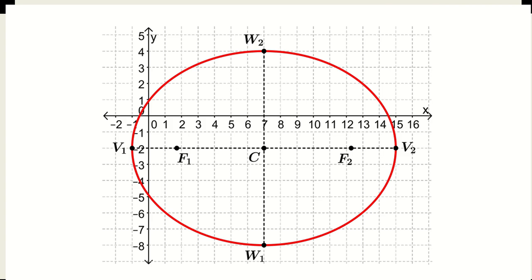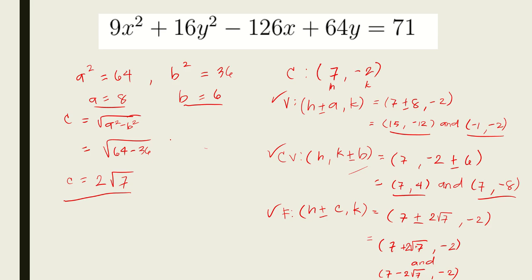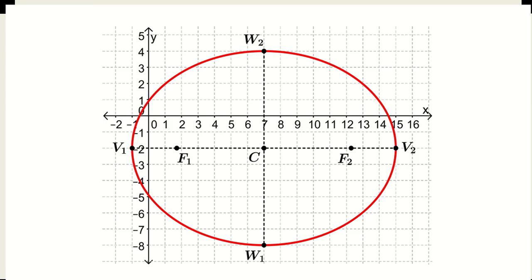The foci is actually located like that. Again, foci number 1 is 7 plus 2 square root of 7. The answer in my calculator is 12.